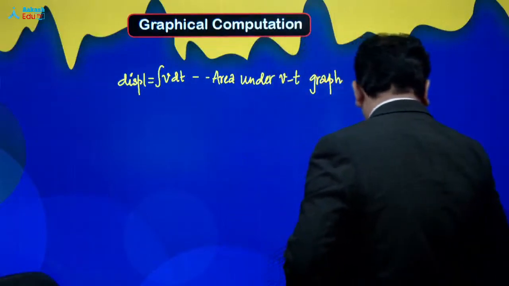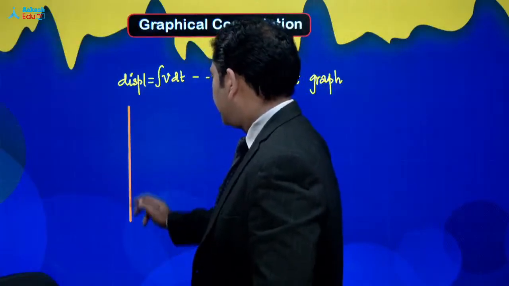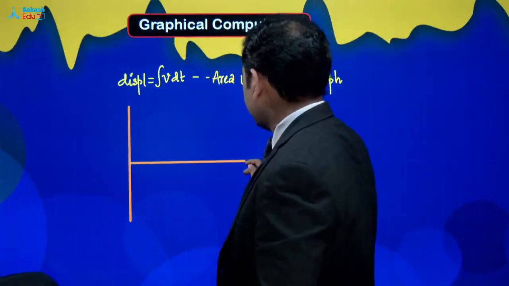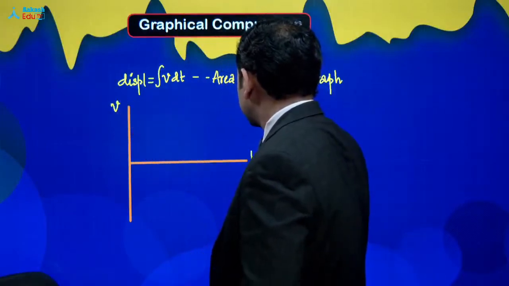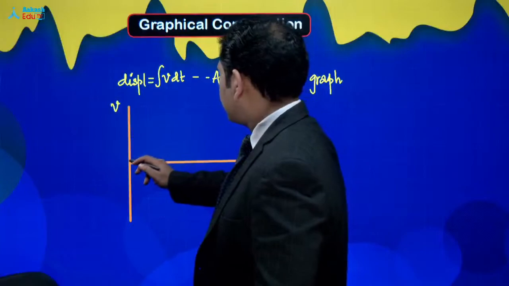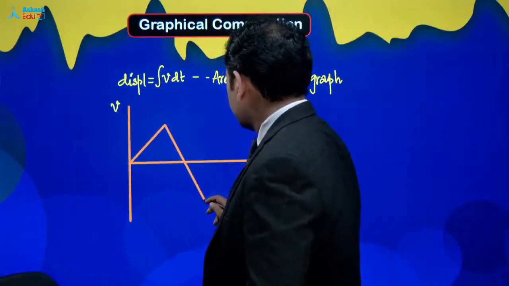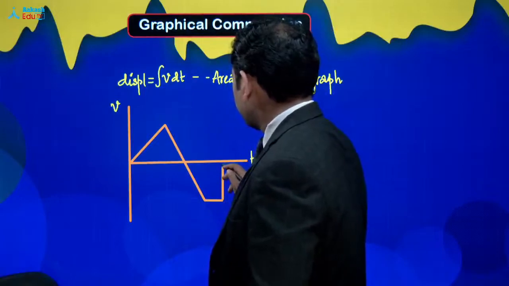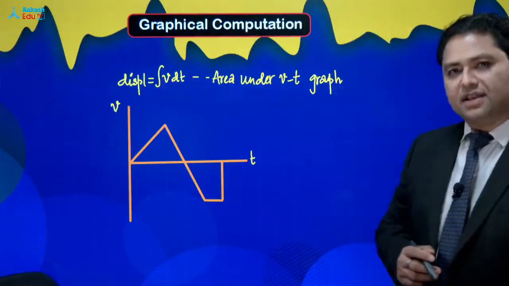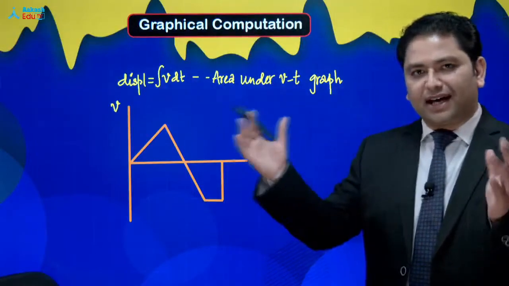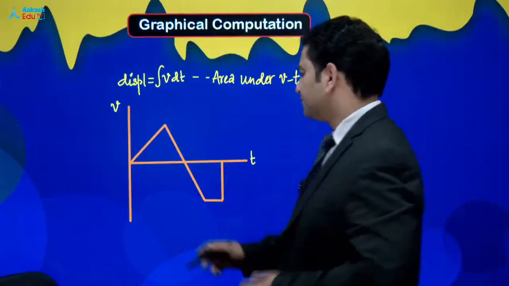Let's try to see. Just to understand all those things, एक VT graph बनाते. Randomly, I'm making a VT graph, and this is V, this is T, and let me say I have something sort of this graph. Doesn't matter what's the shape, but this is the VT graph. Now with the help of this VT graph, if I have to calculate the displacement, so how am I going to do?